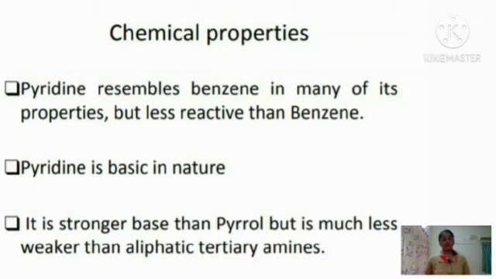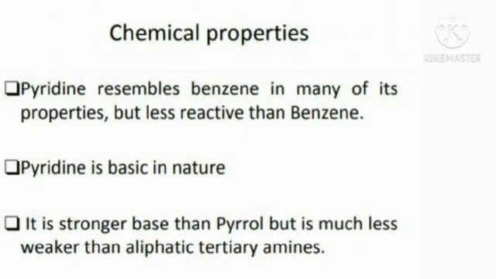But in the case of pyrrole, there is a lone pair of electrons on the nitrogen atom, but it is helping in the delocalization of the pi electrons. That lone pair is helping in the aromaticity, and further, the lone pair is not available for protonation. That is why pyrrole is less basic than pyridine.